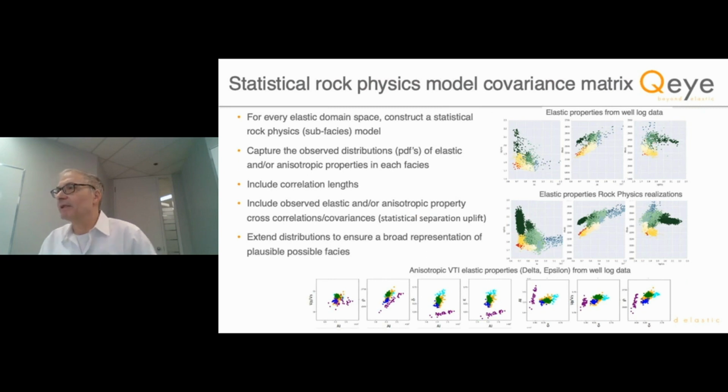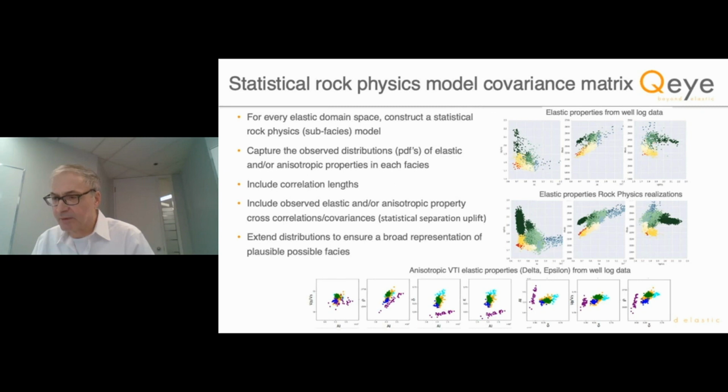The other part of the prior framework includes a statistical rock physics model covariance matrix. What I'm showing here are a series of cross plots, elastic property space cross plots, where for each elastic domain we construct this statistical rock physics sub-facies model.